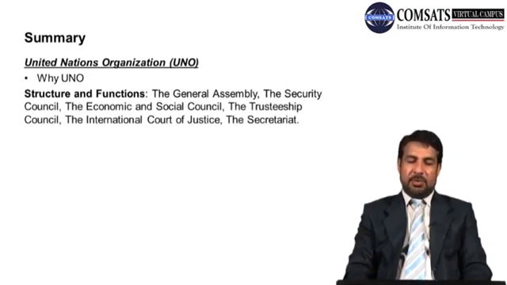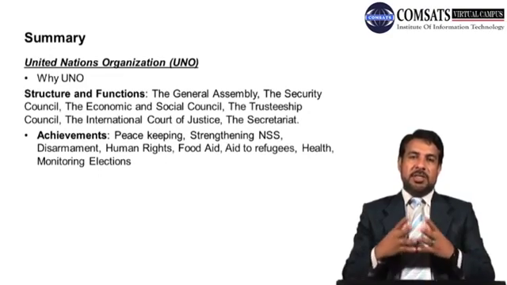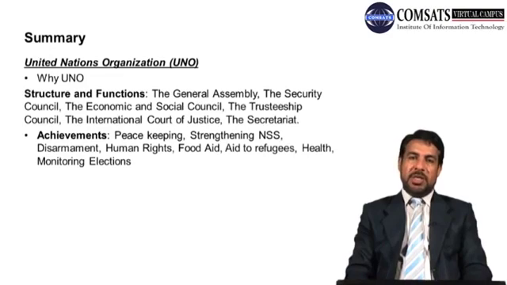इसके बाद we discuss the achievements of United Nations, and we discuss that it has helped in peacekeeping missions. Peacekeeping mission में जो UN का सबसे बड़ा रोल रहा है वो ये है कि इसने दुनिया को एक तीसरी जंग अजीम से बचाया हुआ है. So we see that after 1945 there is no World War III. It has many types of peacekeeping missions in different countries, where the peacekeeping missions ensure that the civilians are protected, the human rights are not violated, and peace is restored in that particular region.